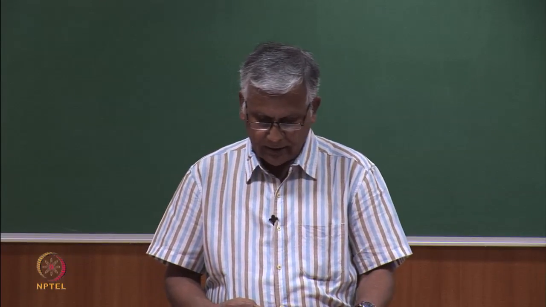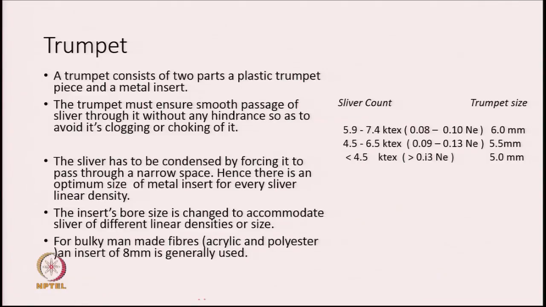The insert's bore size is changed to accommodate slivers of different linear densities, and hence the bore size of those tiny trumpets has to match the linear density of the sliver.